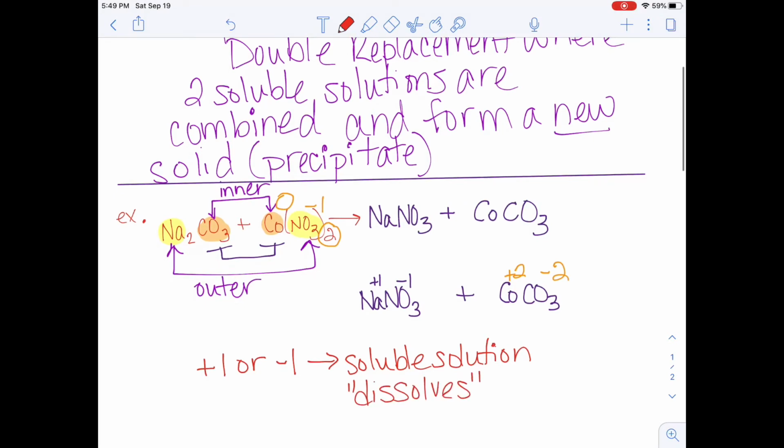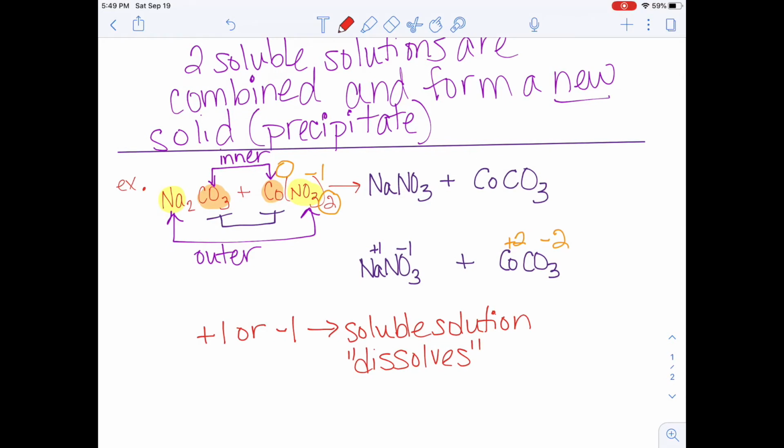So if we're trying to identify what the pink solid precipitate particles were, it cannot be NaNO3 because they were positive 1 and negative 1. However, in the other compound, cobalt(II) carbonate, we have a positive 2 and a negative 2. So this is the identity of our precipitate.